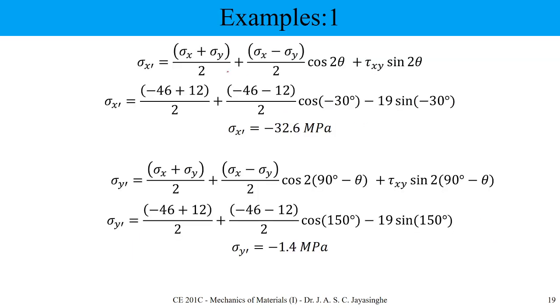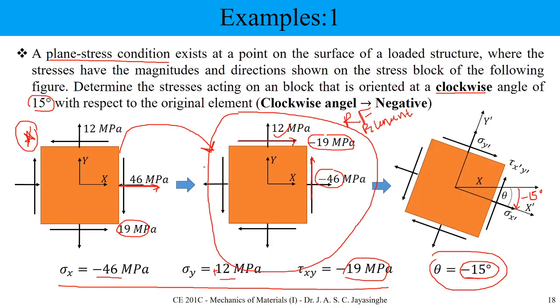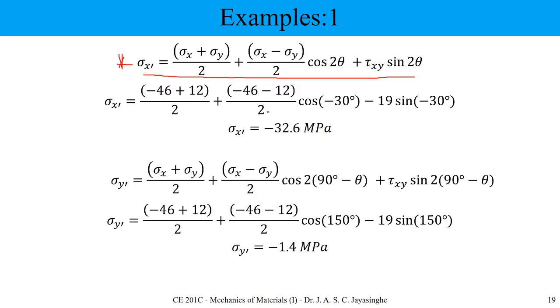Here I'm using the basic equation, not a modified one. You can use anything, I'm telling you again and again. Just use this equation and substitute. This value is from the reference element. Just substitute and you will end up with the value minus 30.